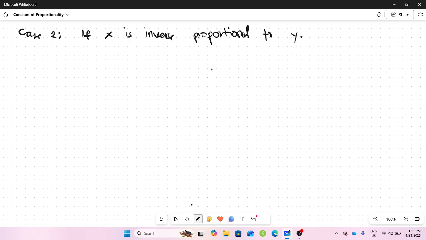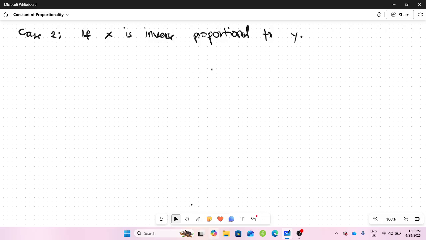Now for case 2, let's say x is inversely proportional to y.